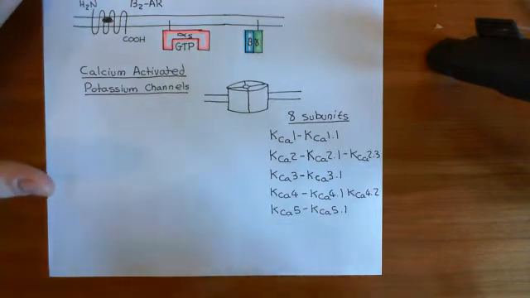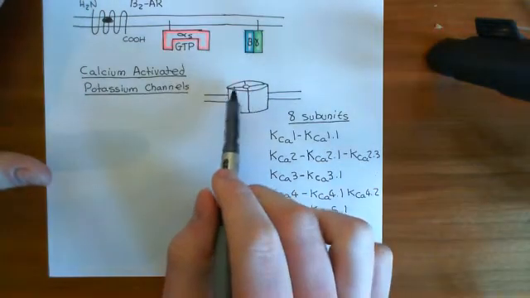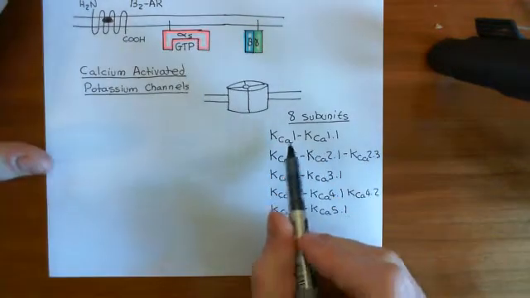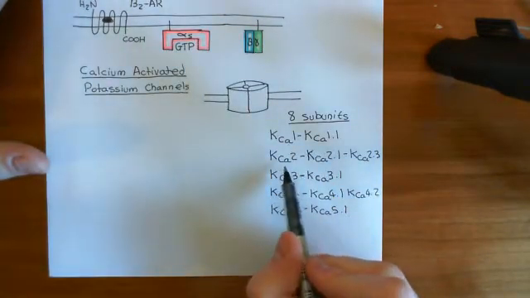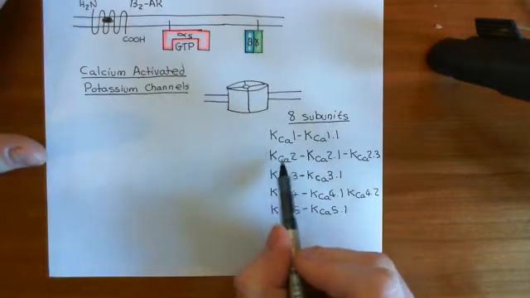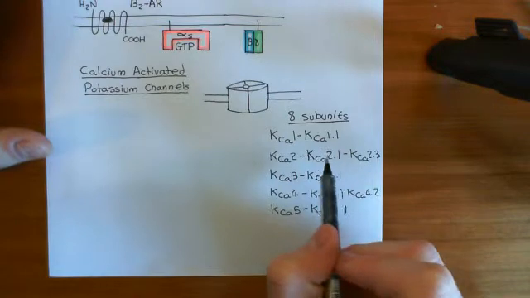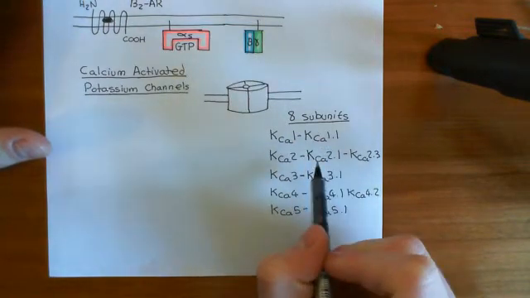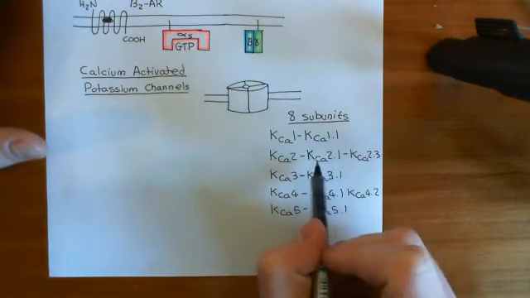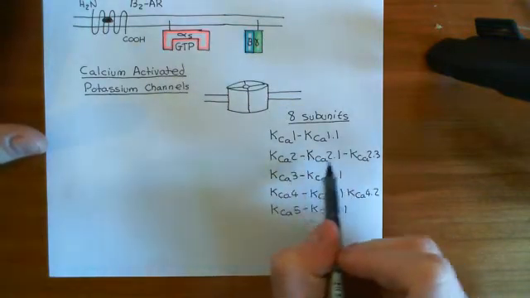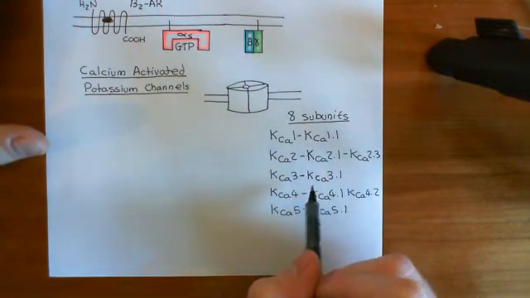Now, if you want to build a calcium activated potassium channel, these are the general rules. You pick a family, and then you can create either homotetramers or heterotetramers. For heterotetramers, you pick subunits from the same family, so you can't mix and match between different families.